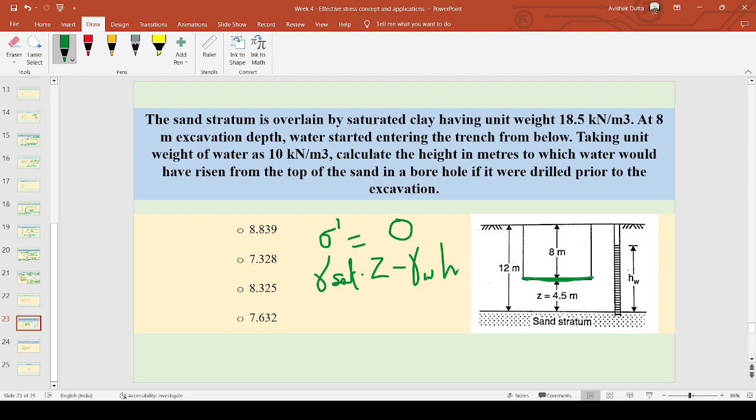We'll keep it as HW because we know the value of gamma W. Now we will solve this. Now this is equal to 0.